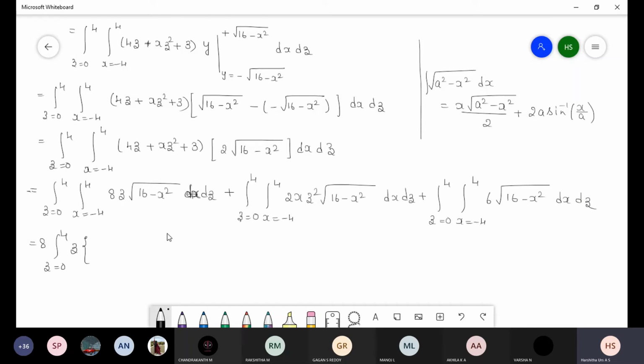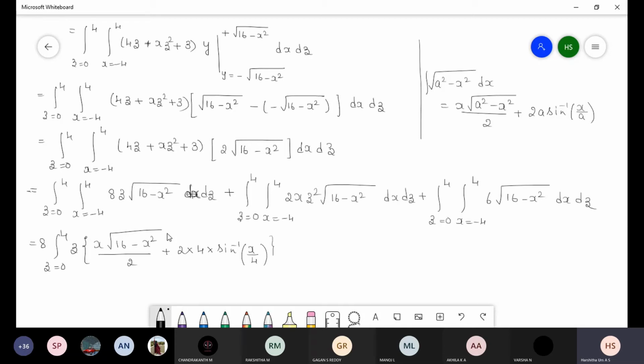So I wrote 8 outside, with respect to x we are doing. So I wrote z also outside. So in the place of root of 16 minus x square, I just write x root of 16 minus x square divided by 2 plus 16 by 2, here a square means 4 square, so a value is 4, into sine inverse of x by 4.